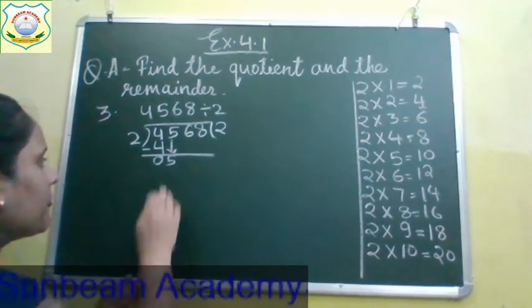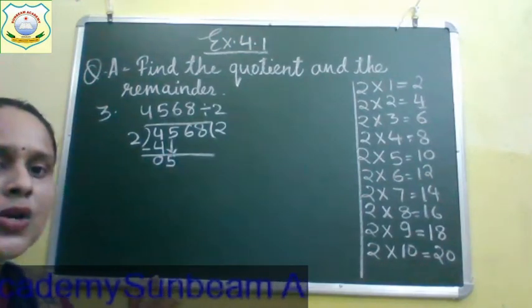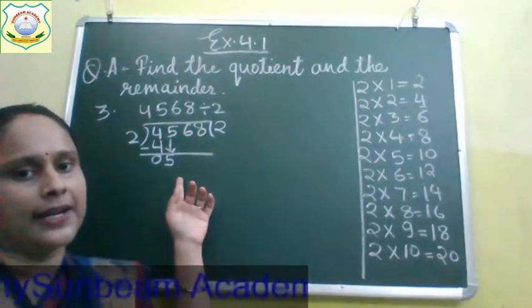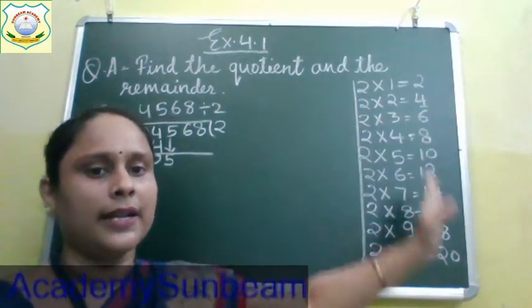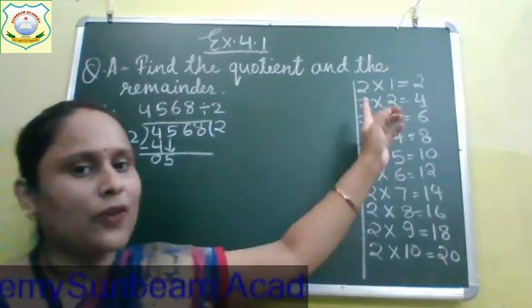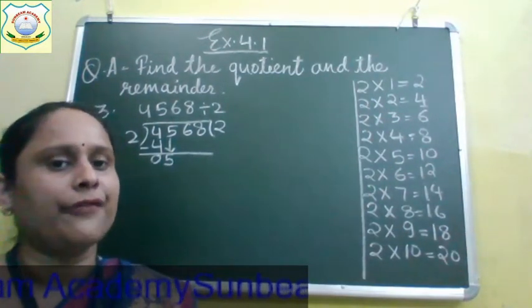Now we have brought 5 down. Now children, say the table of 2 so that 5 gets divided. How will 5 get divided? Either it will come in the table of 2, or we will take a number which is smaller than 5.